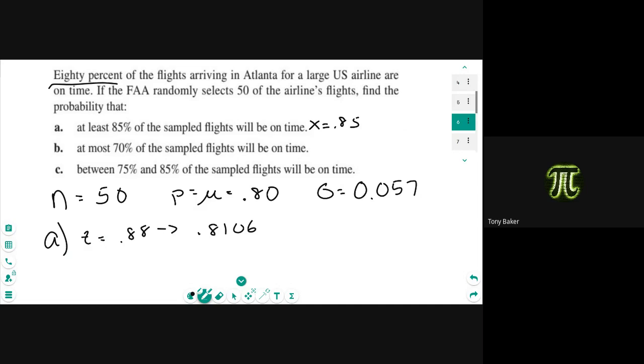It says at least 85% of the sample flights will be on time. So is that greater than 85 or less than 85? Greater. So we have to do the 1 minus that. So the answer actually is 0.1894. The other two are done the exact same way, so we're not going to do the other two.